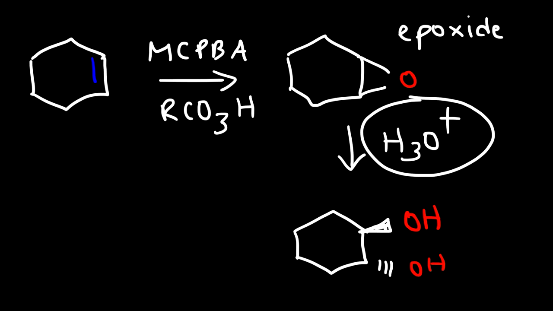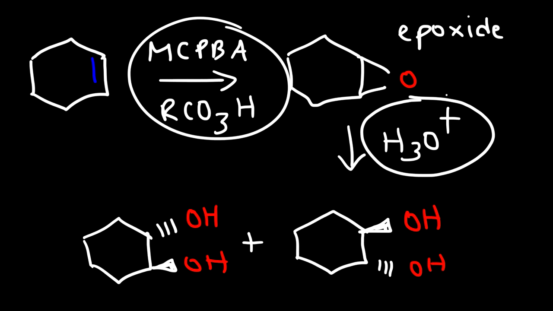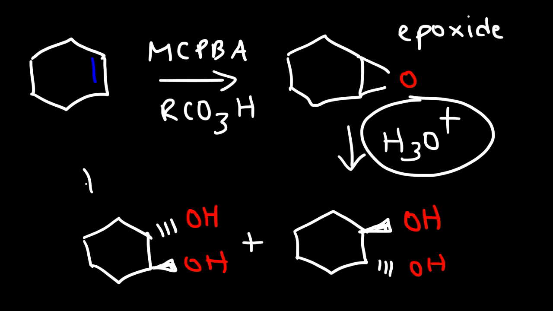One is going to be on the wedge, and the other will be on the dash. And so we're going to get a mixture of enantiomers, or a racemic mixture of products. So basically, these two steps, and this one too, can convert an alkene into a trans diol.